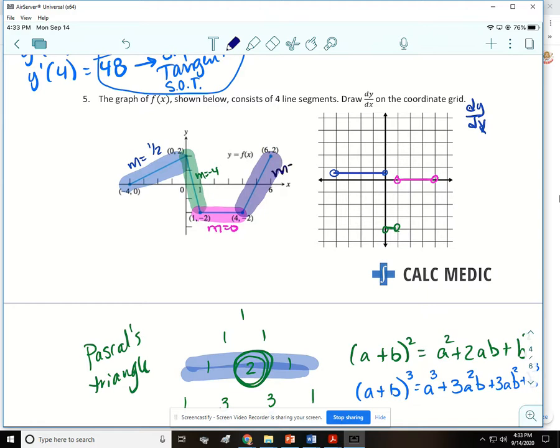So that's going to be a slope of 2. All right, so between 4 and 6, I'm going to have a slope of 2, so I'll have a little horizontal line at 2. All right, so that is another way to graph slopes, or graphing the derivative.